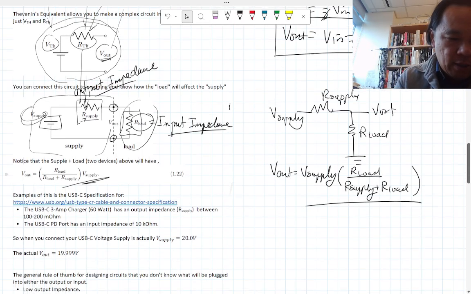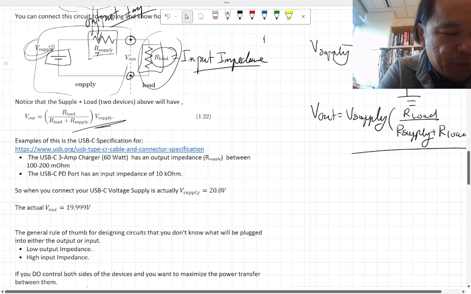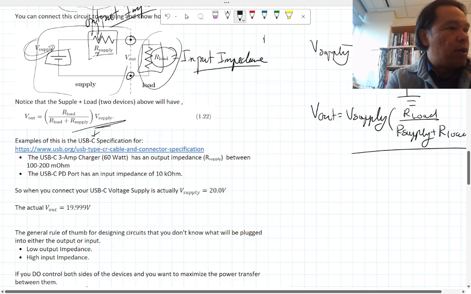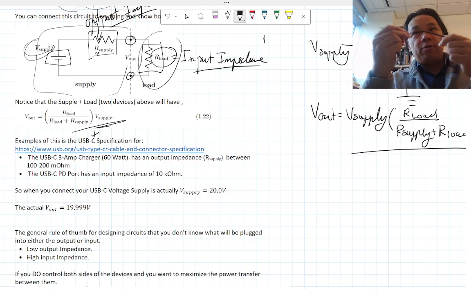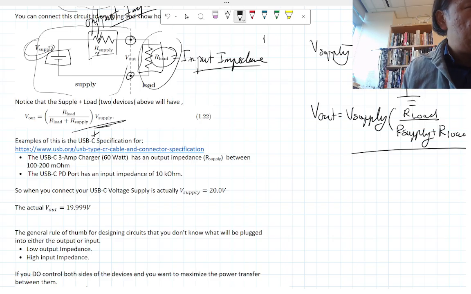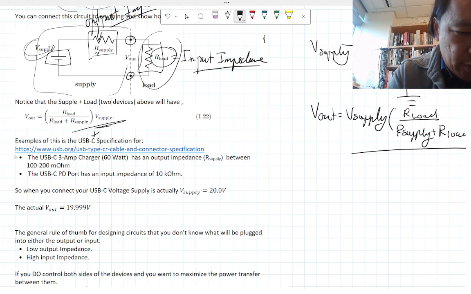An example of this: I will talk about some examples on paper, but I will also point them out in the lab. It's your USB-C. For the non-Apple users, you have these USB-C cables, the universal serial bus. If you're charging something, there are different USB-C chargers.